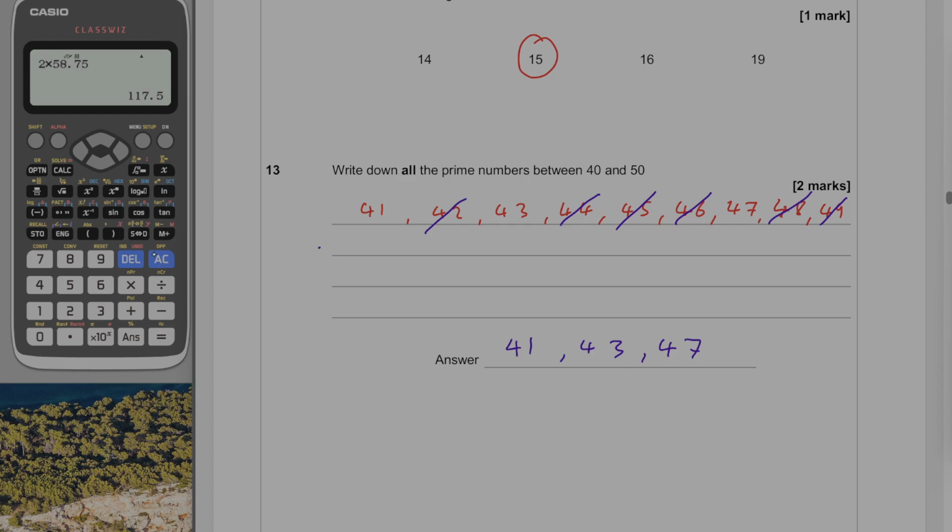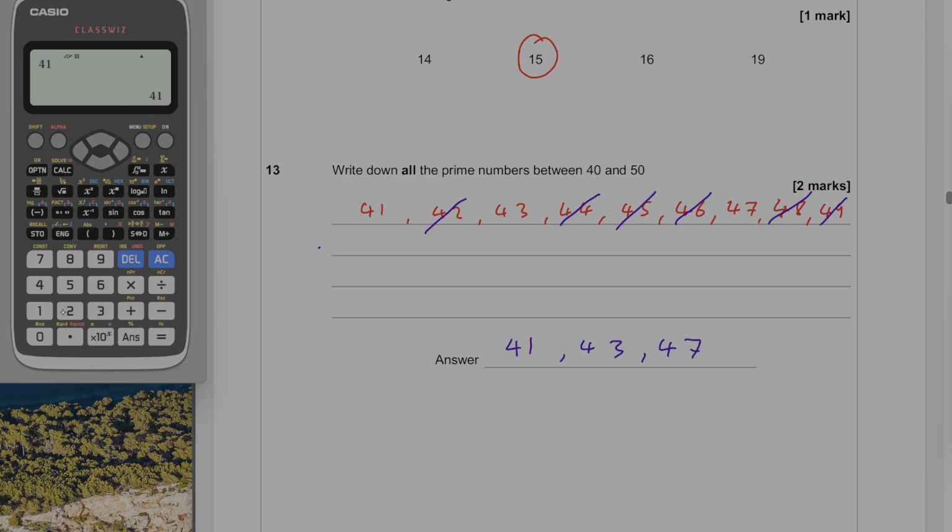On a calculator, you can check this. Yeah, I will spend a minute doing that. I was debating whether it's worth it. If I take a non-prime number to start with, put the number in and then go shift and then fact, that gives you the prime factors of the number, which tells you it's not prime. For any one that we wanted, I believe that's a prime number. So if I press fact, it just gives me 41.